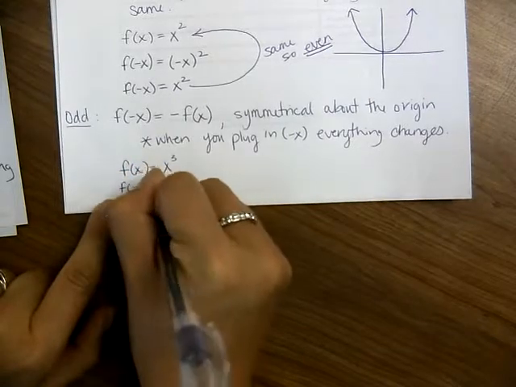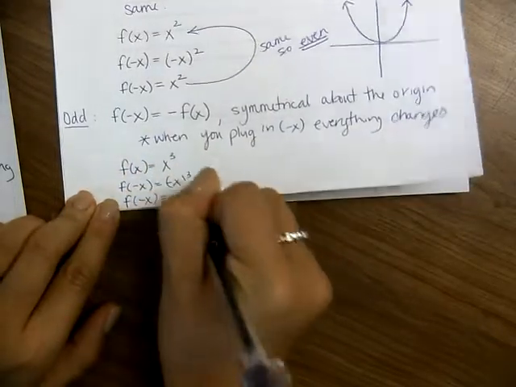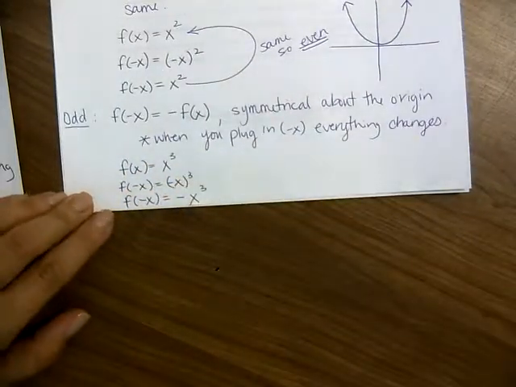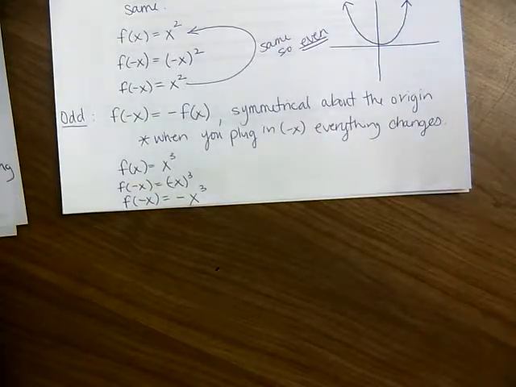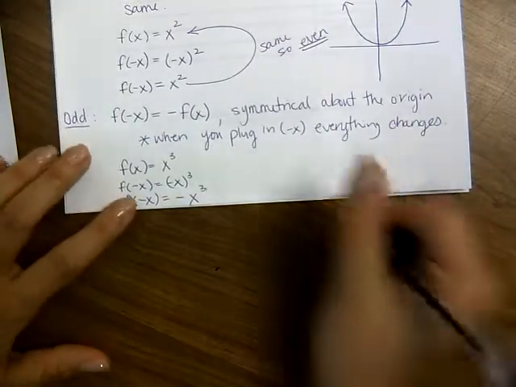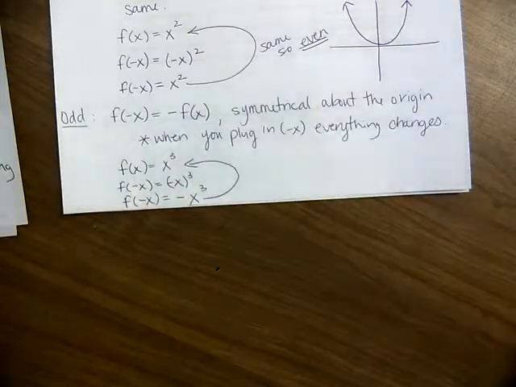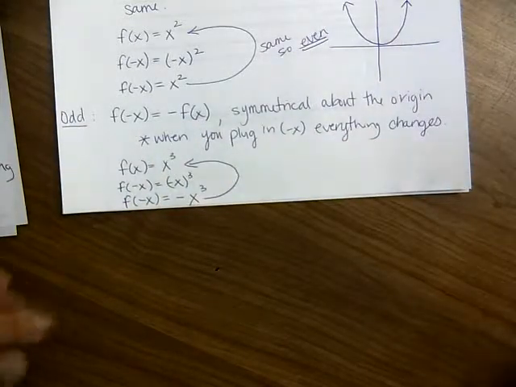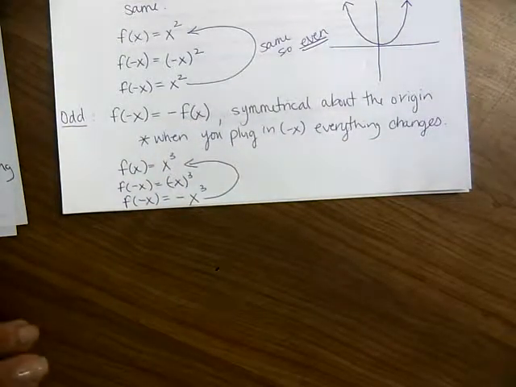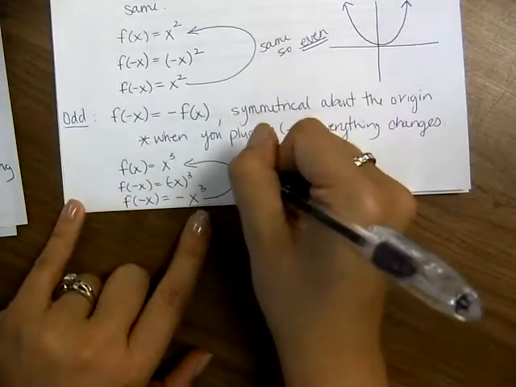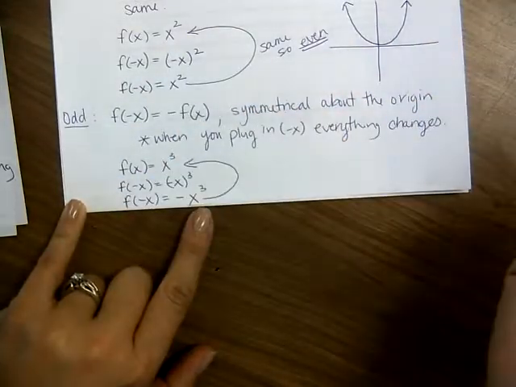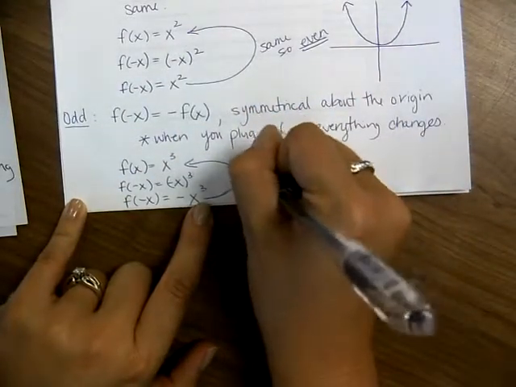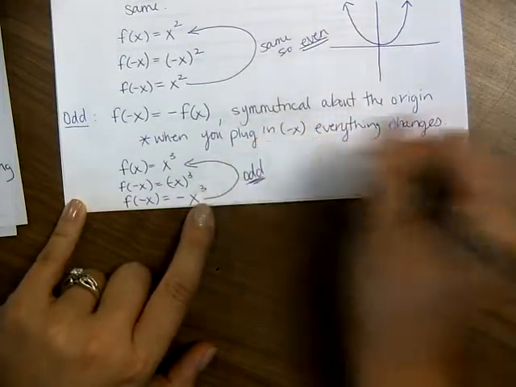So f of negative x would equal the opposite of x cubed. So once you've simplified, after you've plugged in that negative x, you go back, you compare it. Everyone agree that x cubed and negative x cubed are the opposites? Okay, so because everything has changed, or they're the exact opposite, that makes this an odd function.